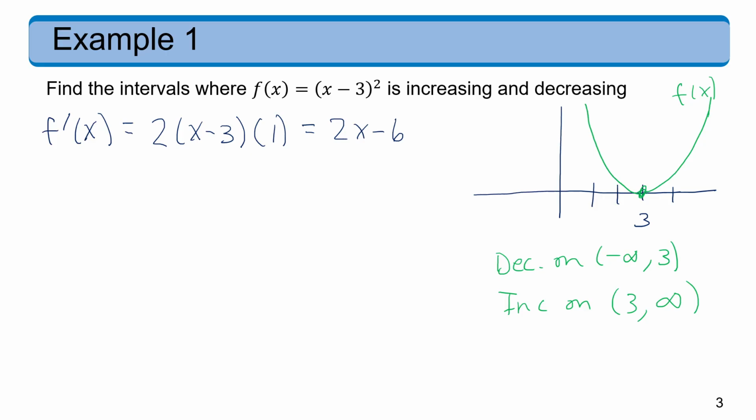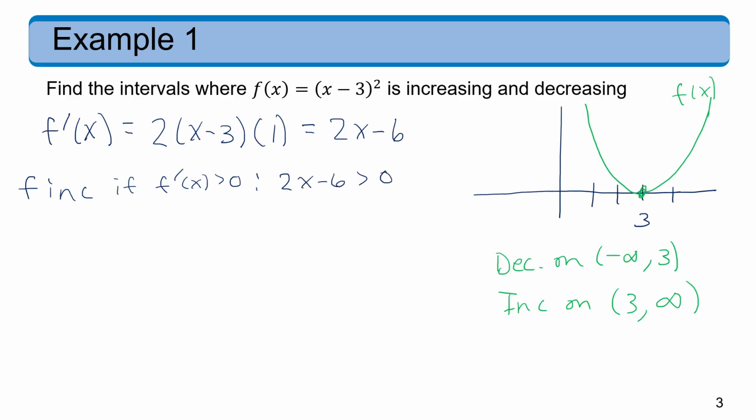Now we want to make the connection between f prime and where the graph is increasing and decreasing. So remember what we said was that f is increasing if f prime is positive. So to find that, take the formula for f prime and set it greater than 0.